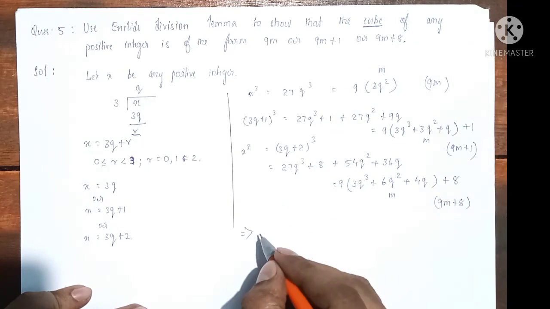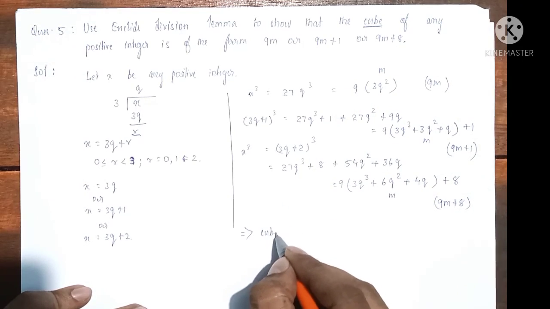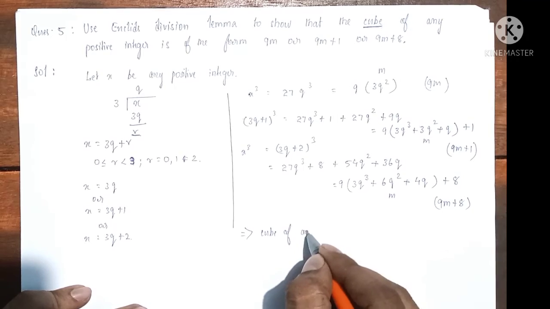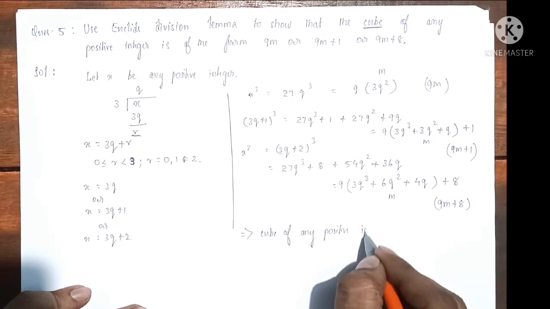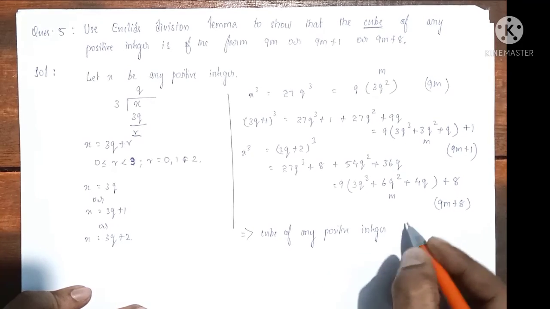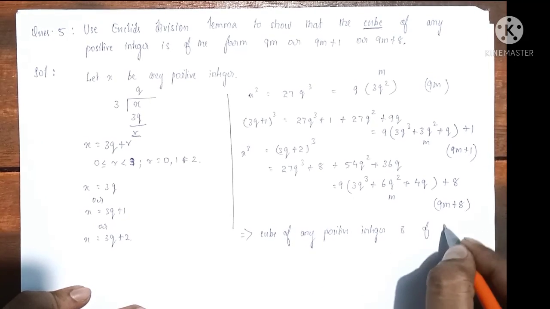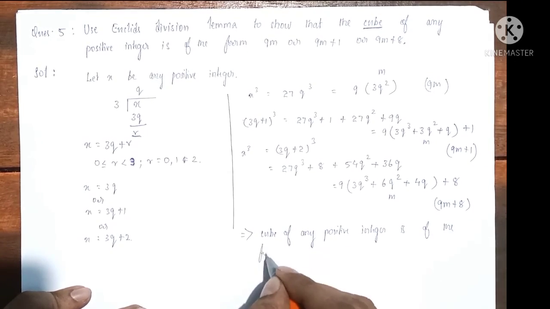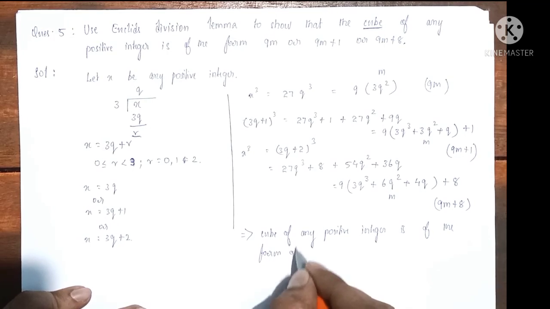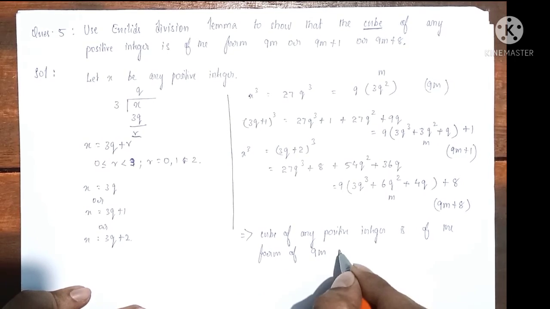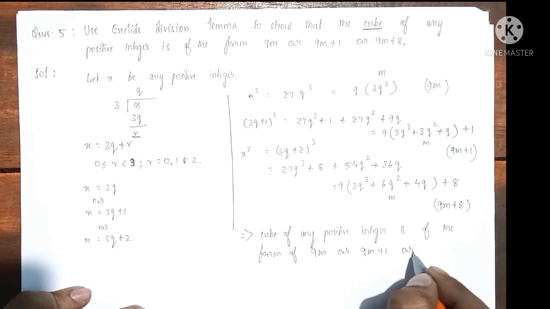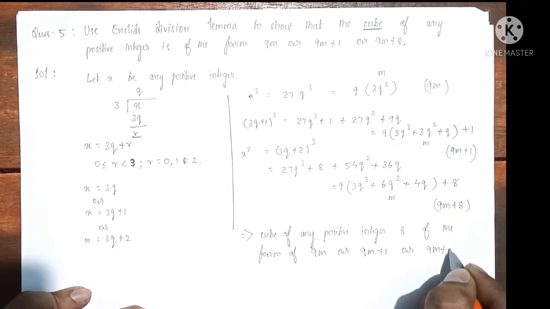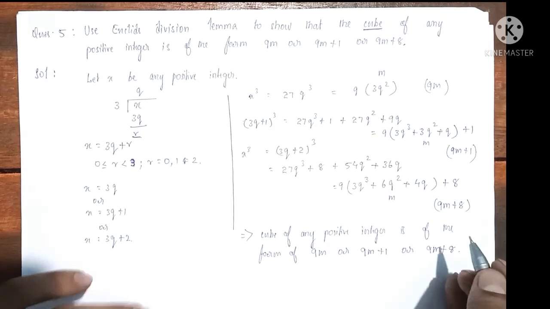So the cube of any positive integer is of the form 9m or 9m plus 1 or 9m plus 8. Fine.